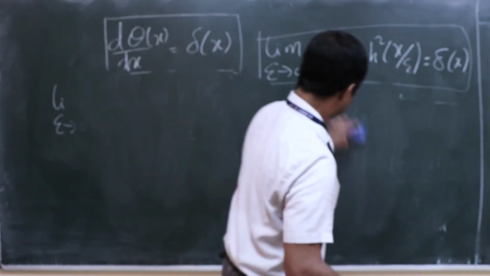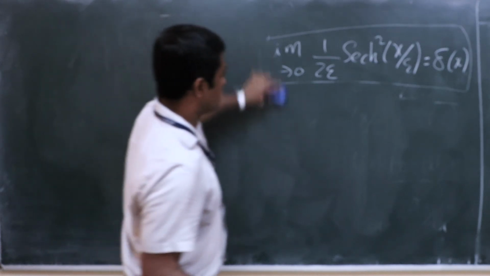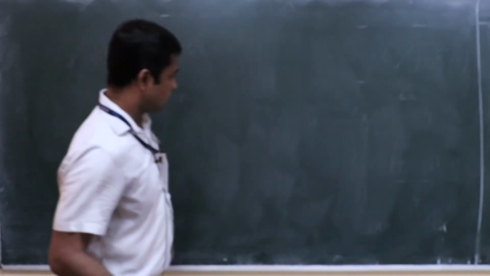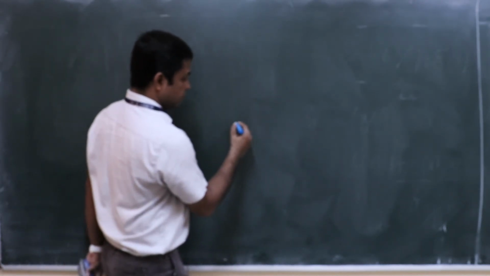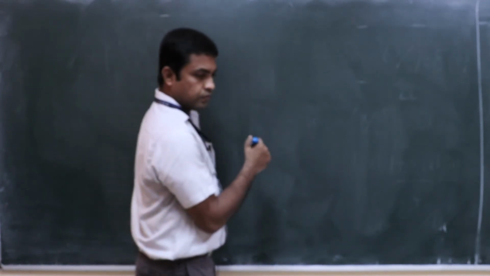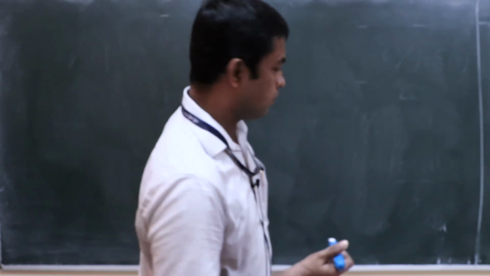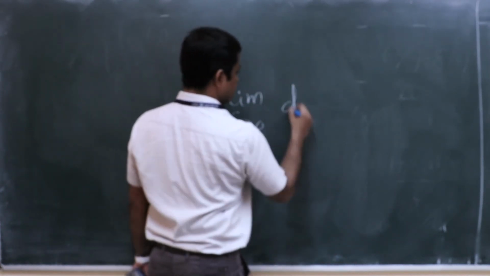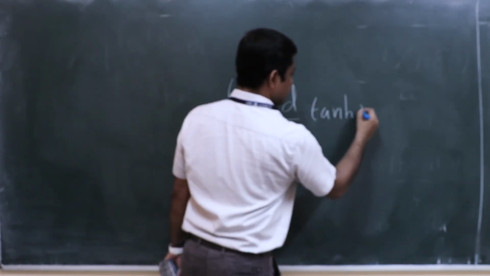Sir, I have a doubt. How is, as epsilon tends to 0, d by dx of tan hyperbolic x by epsilon equal to d by dx of epsilon of x? Limit epsilon tends to 0, d by dx of tan hyperbolic x by epsilon.